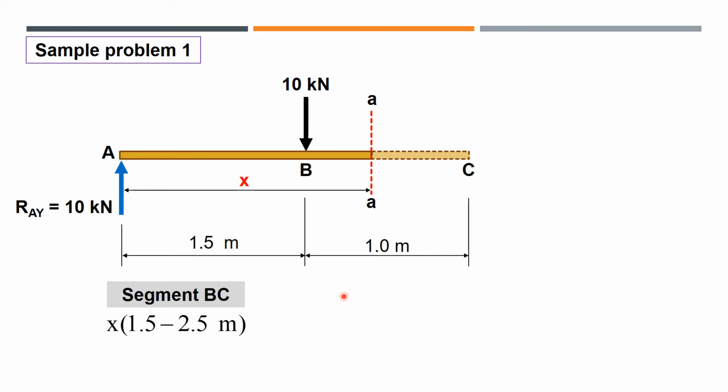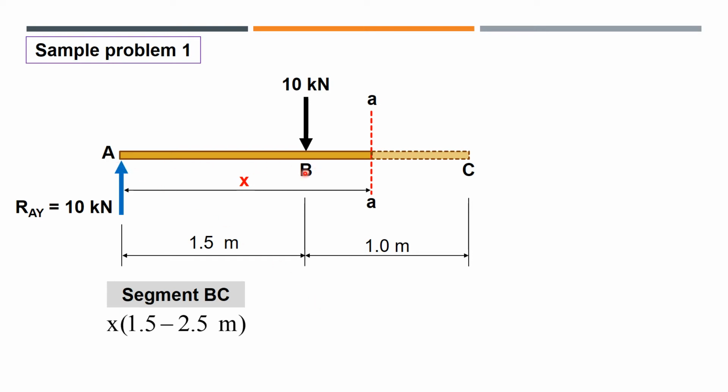Now, before we continue, kunin muna natin yung limits ng BC. So, ang limit mo ngayon dito is 1.5 to 2.5. So, how did we get that? So, if you recall kanina sa segment AB, ang limit natin ay from 0 to 1.5.